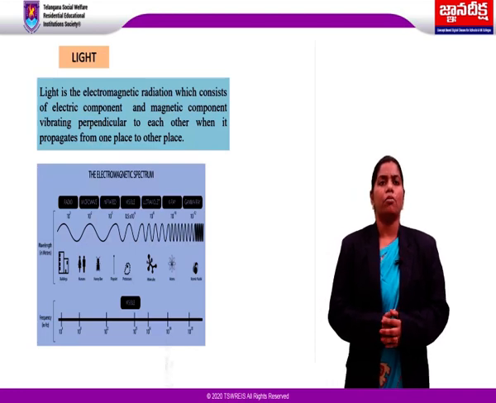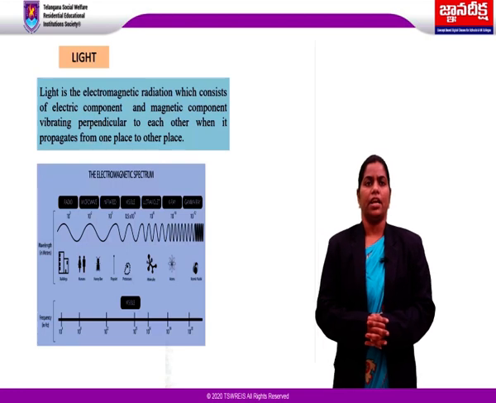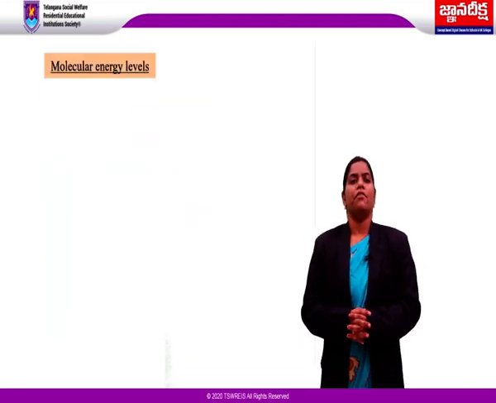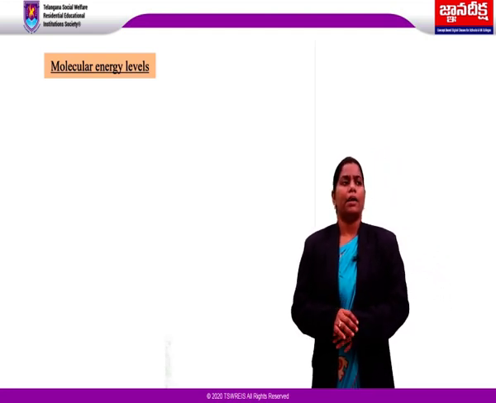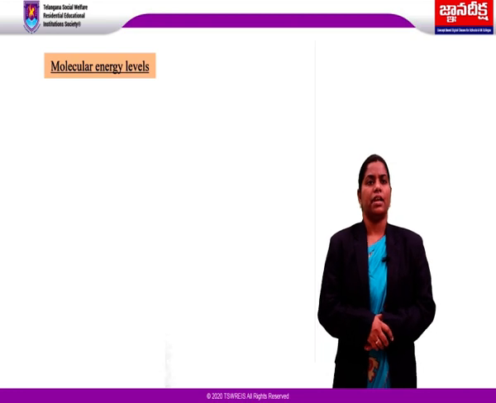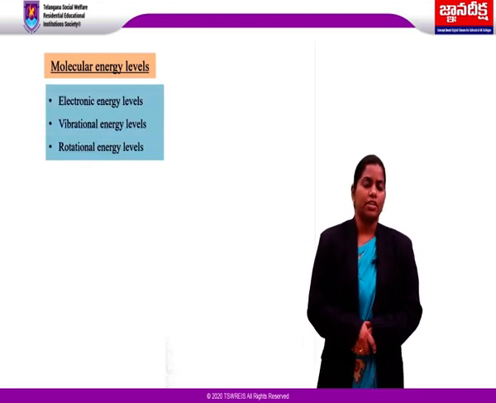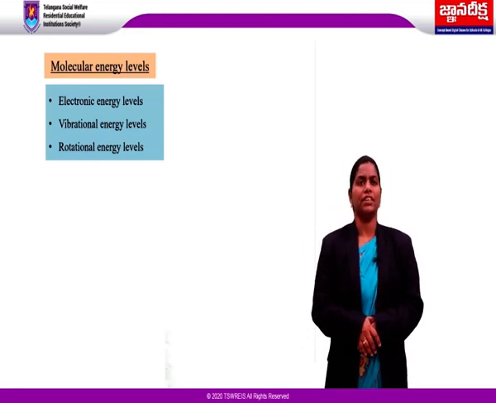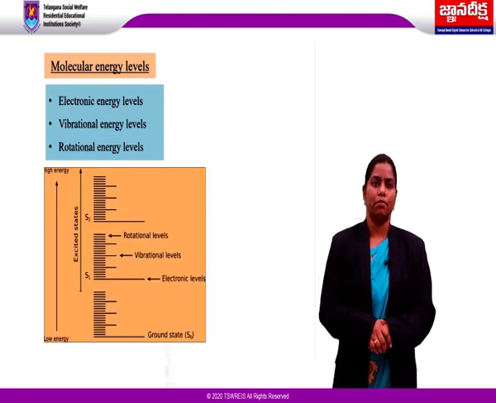In the molecule, there are different molecular energy levels present. In molecules, these energy levels are quantized. There are three types of energy levels present in the molecule: electronic energy levels, vibrational energy levels, and rotational energy levels. This figure explains the arrangement of different energy levels in the molecule.